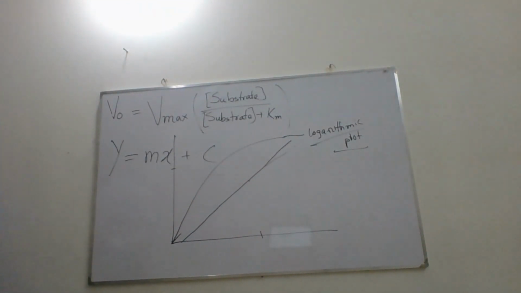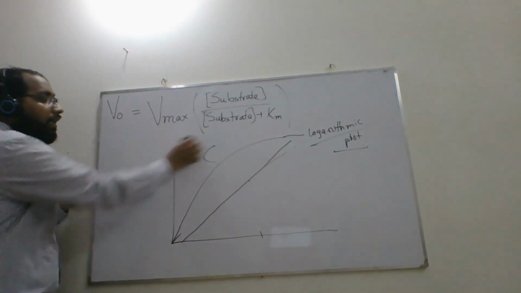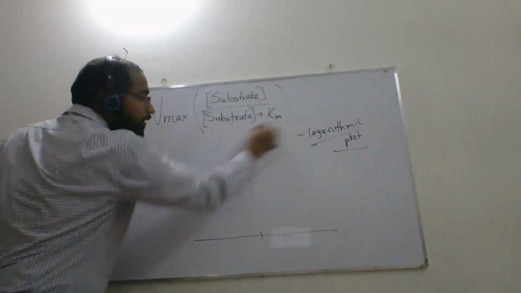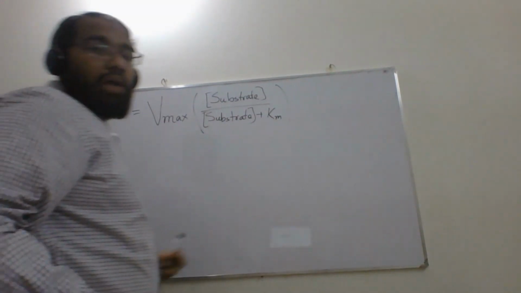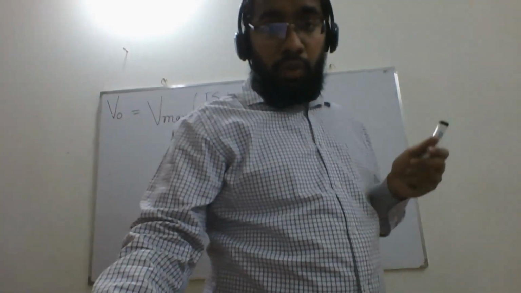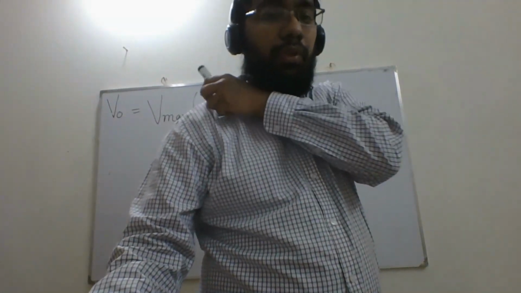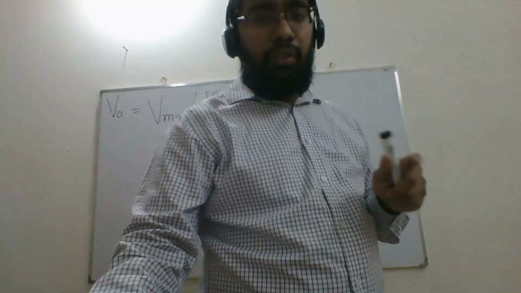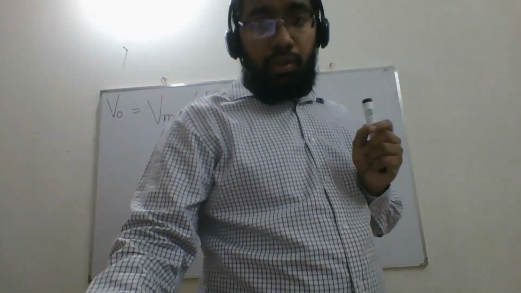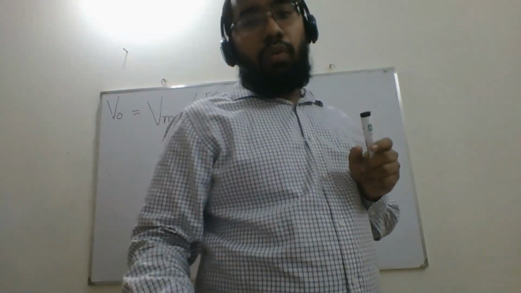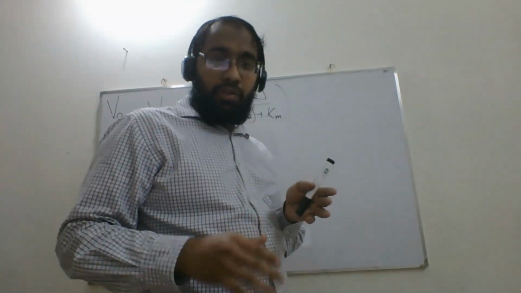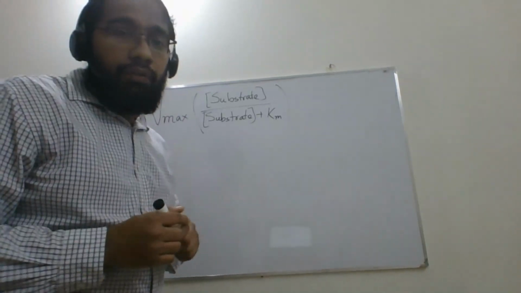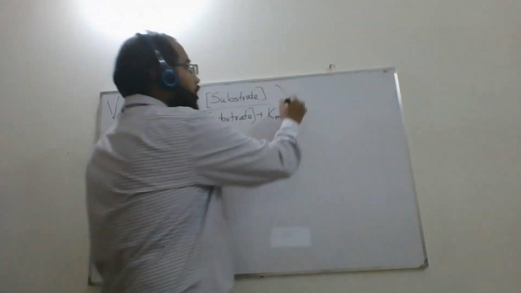Now to go for the Lineweaver-Burk plot, at first we need to convert the equation from this type of arrangement to y equal to mx plus c. Now how to do that? We already said that one of our main goals is to convert it into a linear equation.